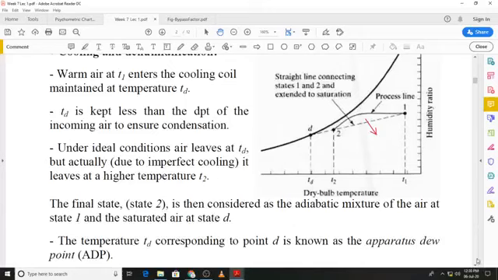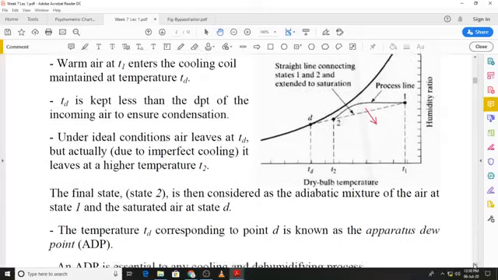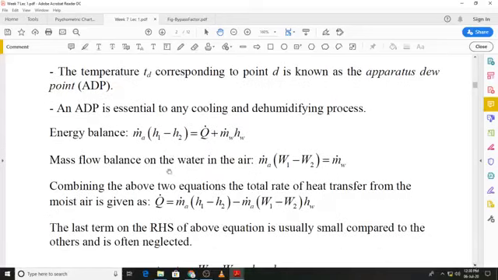That can be represented by the equation m dot a into h1 minus h2. So that means incoming air had an energy content m dot a h1, and you had minus q over here because energy was being removed from the air. So if we take that minus q onto the other side, that becomes q.